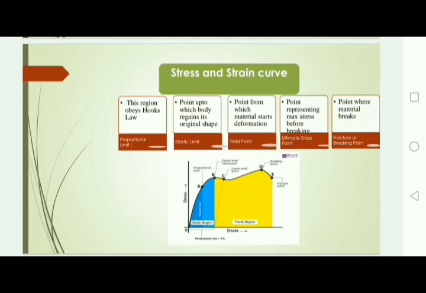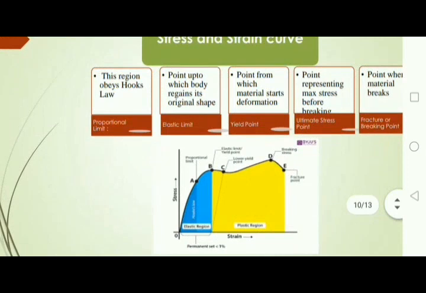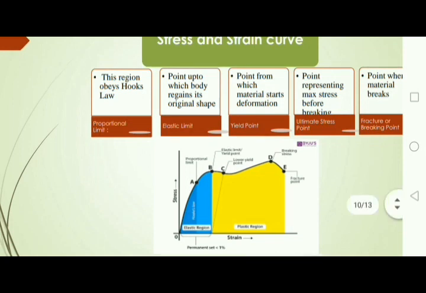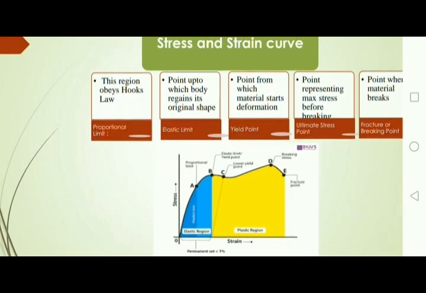You can see here a blue region where Hooke's law is shown, and that is called the elastic region, and another is the plastic region. Here comes first the proportional limit, then elastic limit, then yield point, then ultimate stress point, and then fracture or breaking point.